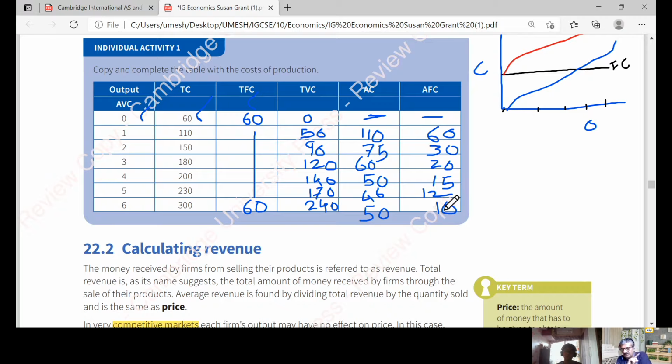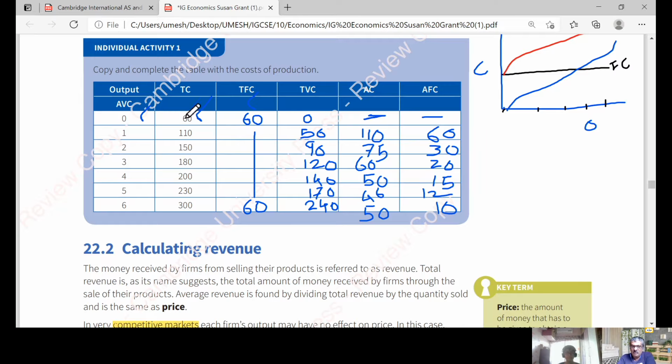Parallel means a horizontal line which is parallel to the x-axis. When the output is 0, fixed cost is still there, but that fixed cost does not change. But if you see average fixed cost, as the output goes on increasing, average fixed cost goes on decreasing: 60, 30, 20, 15, 12, and 10.